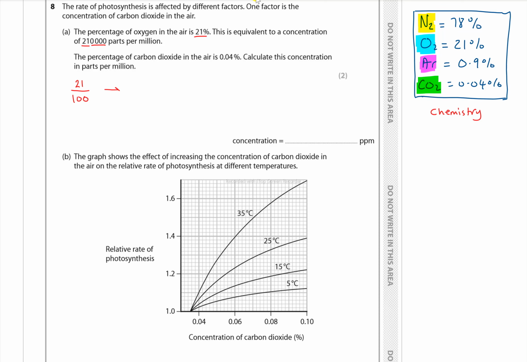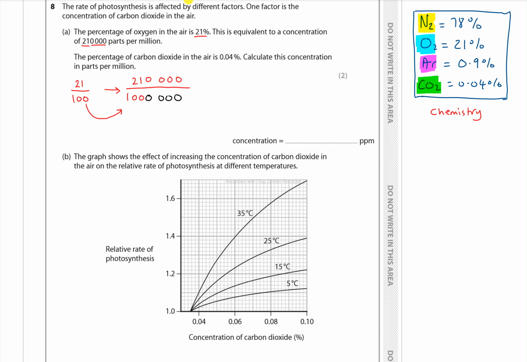Now, how did they turn this denominator into a million? They've multiplied it by 10,000. So I'm going to multiply the top number by 10,000. That's how they've converted it.